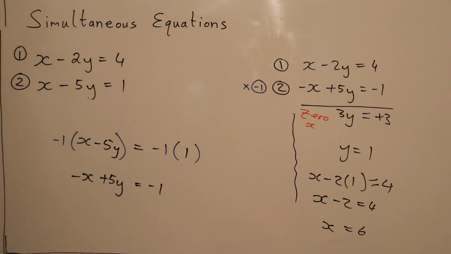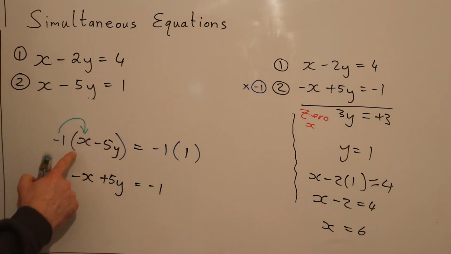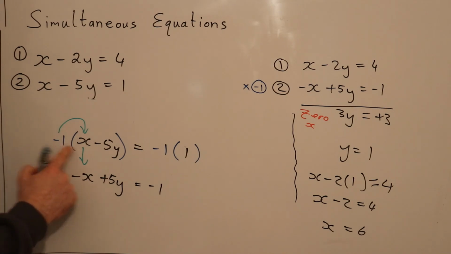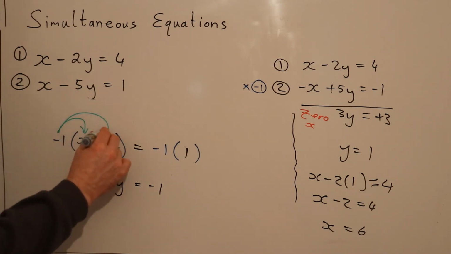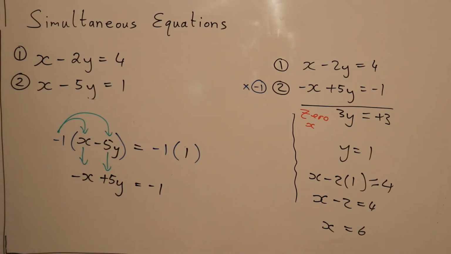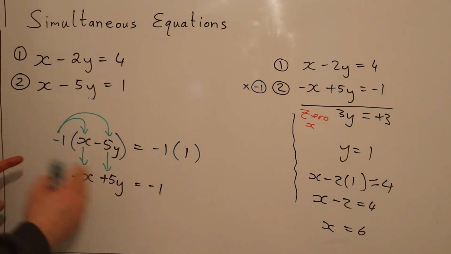If we're a little unsure on what's happening, we're just making sure that the minus 1 multiplies both terms. The first multiplication, minus 1 by x, is minus 1x. The second multiplication, minus 1 by minus 5y, gives us plus 5y. You can see we're not multiplying the left hand side more than the right hand side.